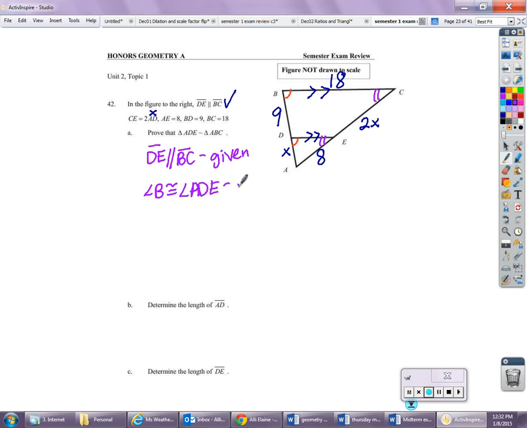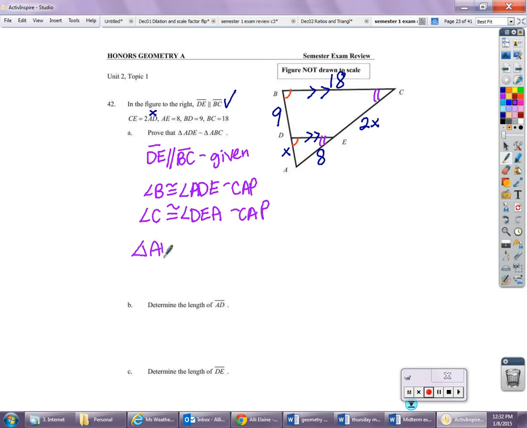Because of, I say CAP, but if you write corresponding angles, because that's what your teacher taught you, that's fine. And angle C is congruent to angle DEA. Notice my E is in the middle because I'm talking about angle E. Also because of CAP.